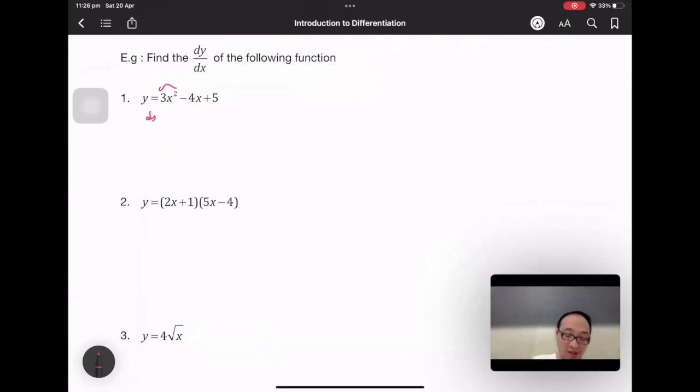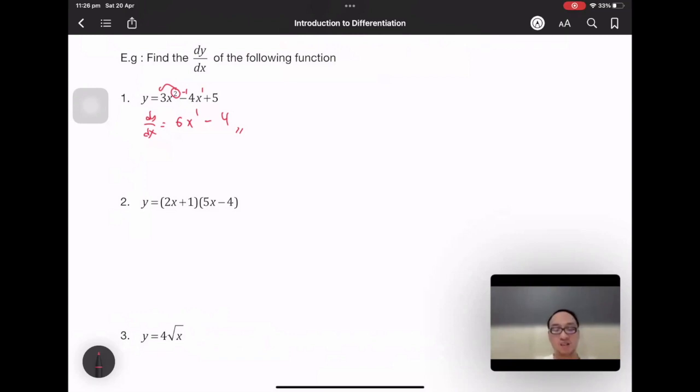So dy/dx equals 3 times 2 is 6, x, the power is minus 1, so 2 minus 1 is 1. Minus 4x. So this is the power of 1, so 1 times 4 is 4, and then x to the power of 0, which is 1. So that's it. This is the differentiation of algebraic fraction.